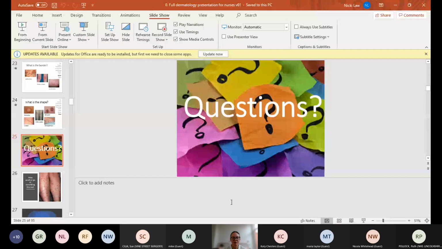I've just got to get that presentation back up. It clearly doesn't like you going off the shared screen, but I can't see you when I'm on the shared screen.